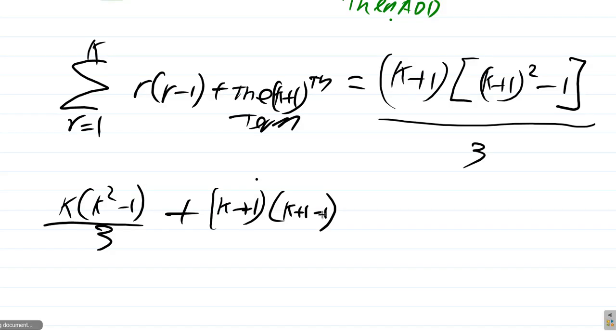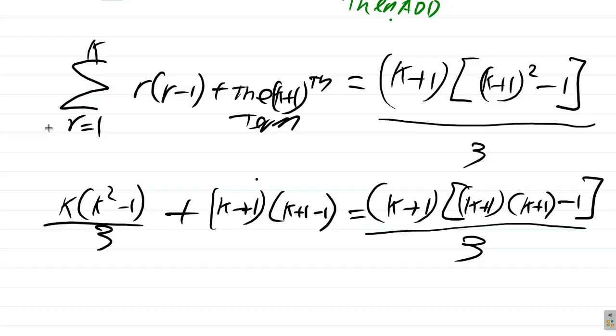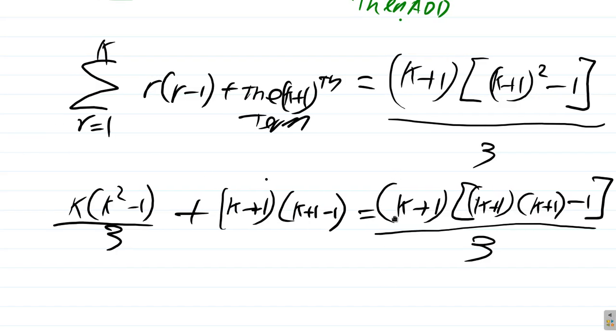And then that is equal to k plus 1. You can just multiply out the brackets. We have k plus 1 squared is k plus 1 times k plus 1 minus 1 all over 3. Alright.